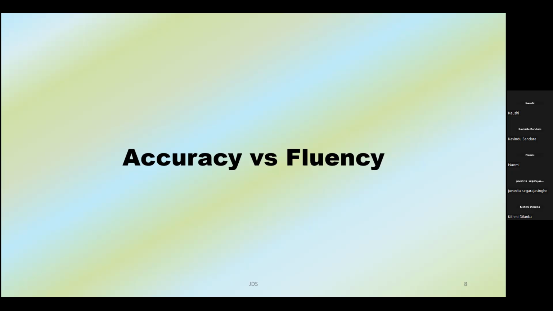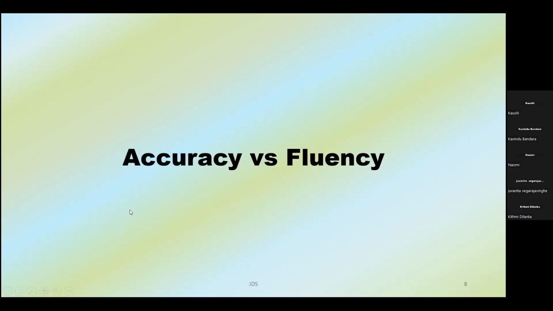The basic criterion that we look for in fluency is, in spite of any kind of mistakes or errors, if the act of communication can be performed successfully, that person can be considered a fluent user of the language.